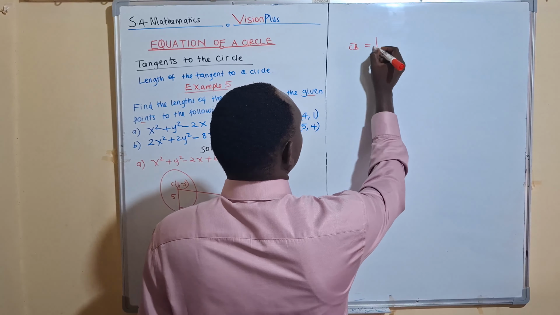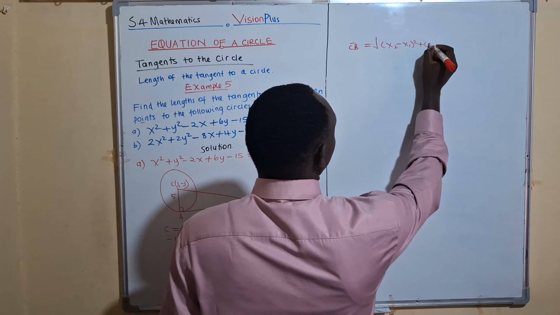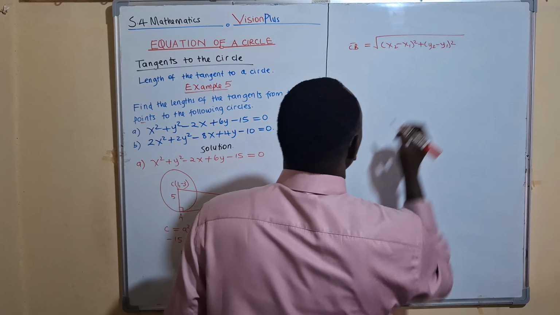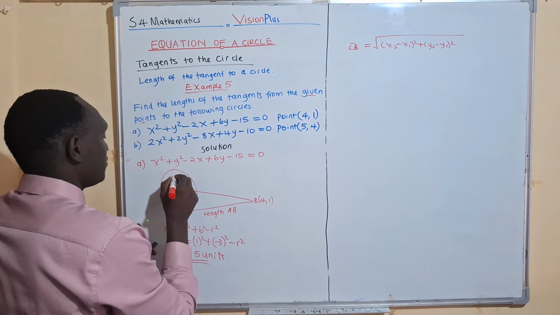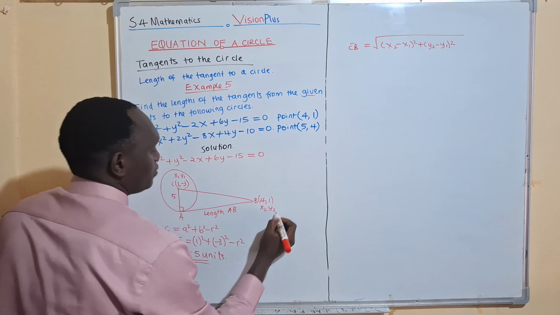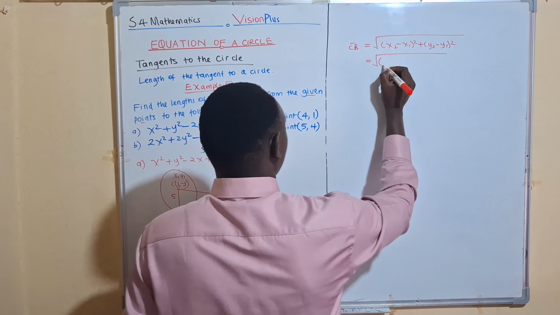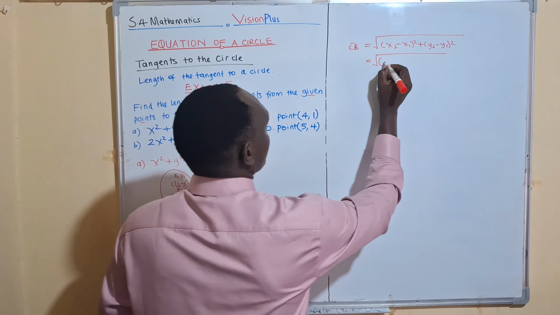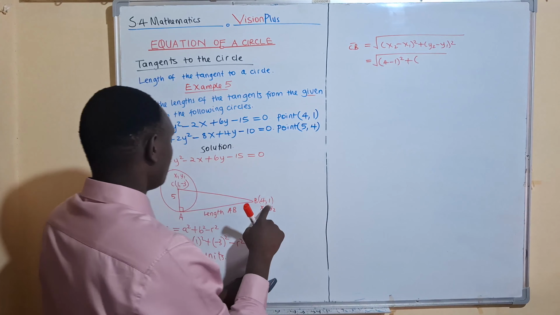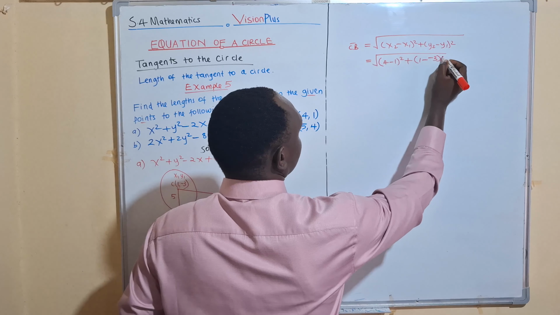So the length CB, which in this case is the distance between 2 points, is given by this formula. Now we need to substitute. Let me call these x1, y1, x2, y2. So substitute for x2 minus x1: x2 is 4 minus x1 is 1, 4 minus 1 squared, plus y2 is 1 minus y1 is negative 3, squared.